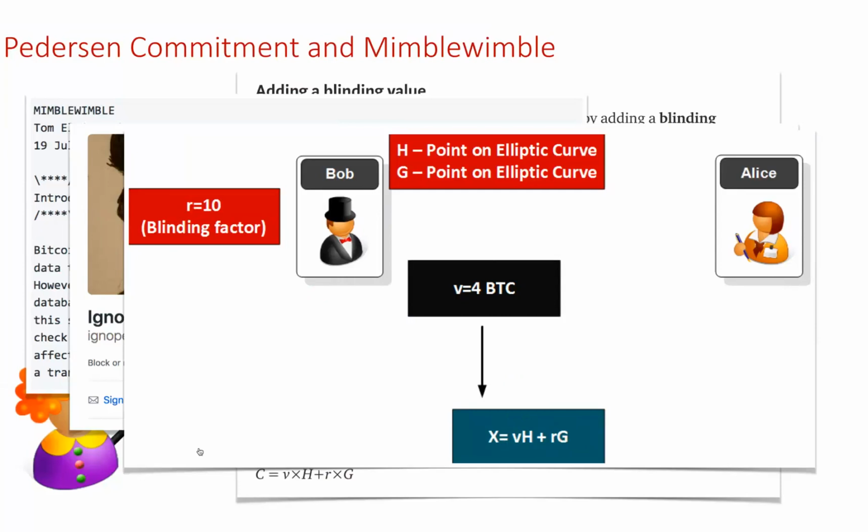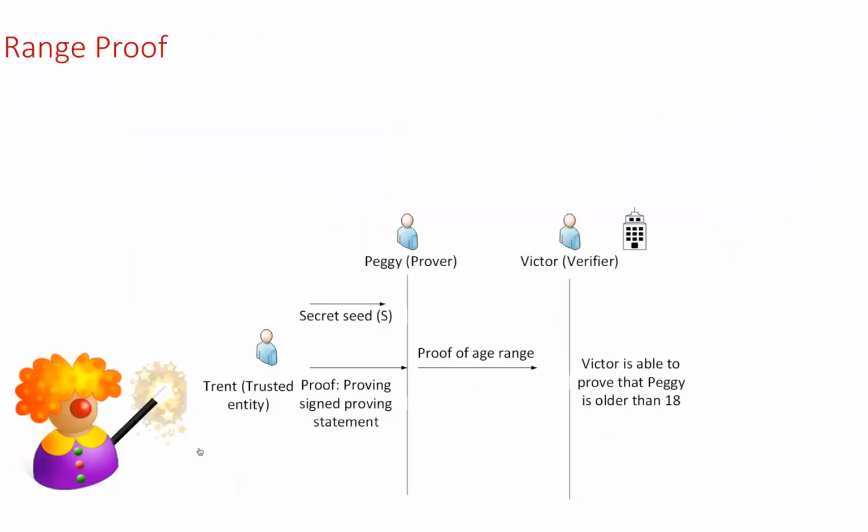But the good thing with this is that we can transact across the blockchain and still find out if Bob has enough funds to pay for things.